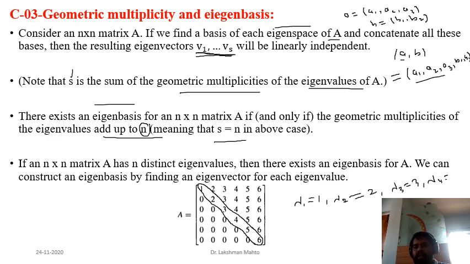Fifth eigenvalue is 5. Sixth eigenvalue is 6. So we are having a total of 6 eigenvalues, and all are distinct, all are different. So that's why we can say that this matrix is having an eigenbasis.